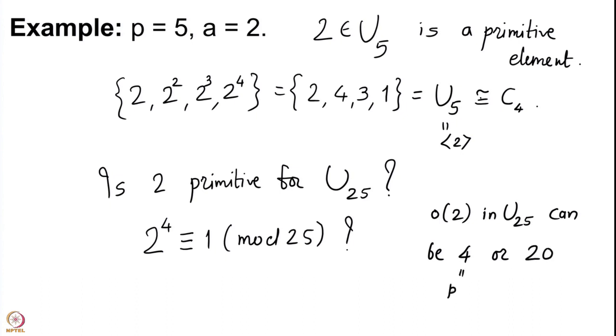This is your p - 1 and this is your p(p - 1). These are the only possibilities for the order of 2 modulo 25. Is this true? So, 2^4 is actually 16, but 16 is not congruent to 1 modulo 25.